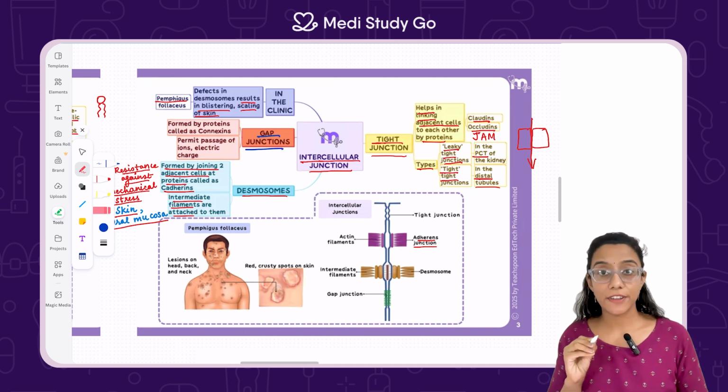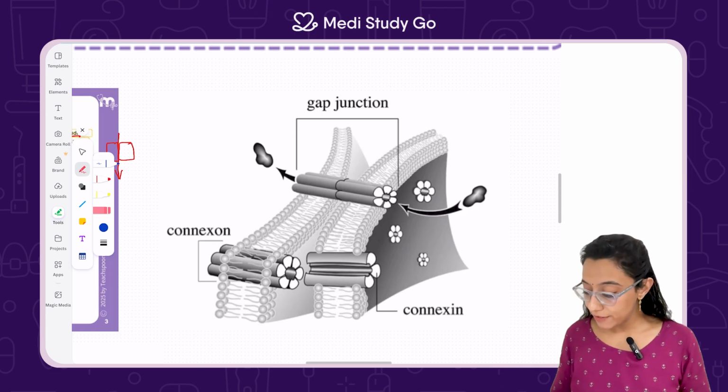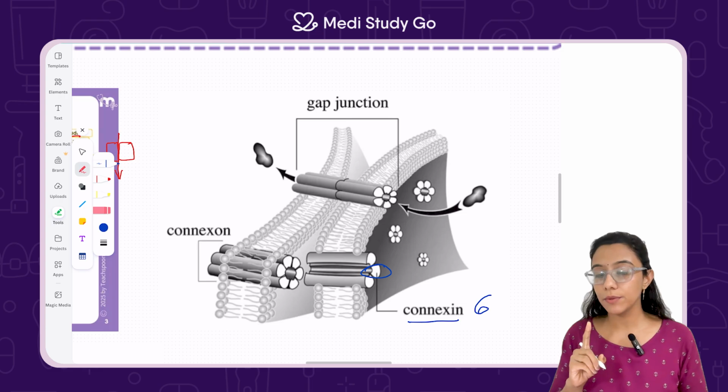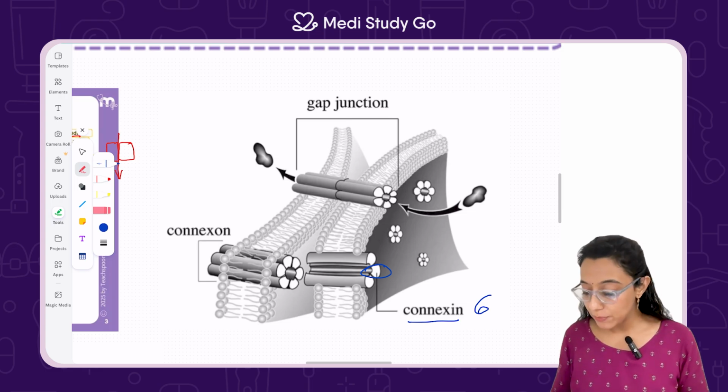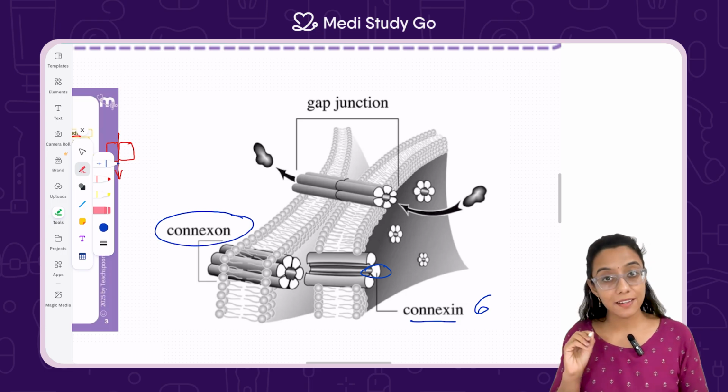Now let's look at the structure of gap junctions in detail. Each gap junction is formed of 6 molecules of connexin. You can see one single protein molecule is called a connexin, and when 6 connexin molecules come together they form the connexon, which is called the gap junction.